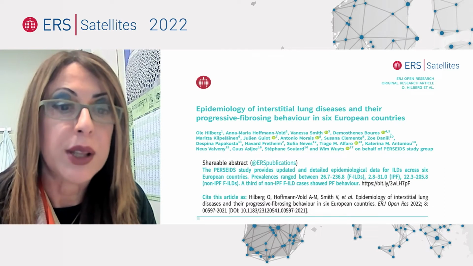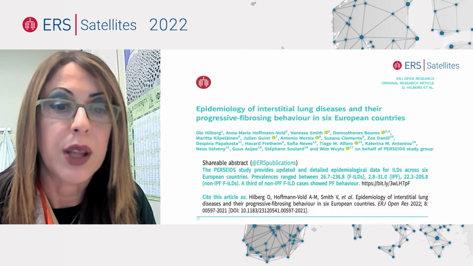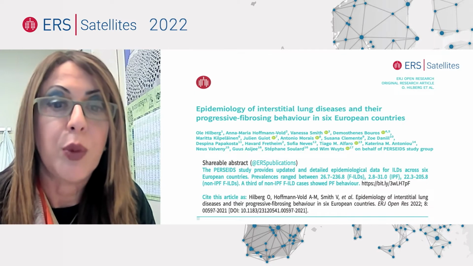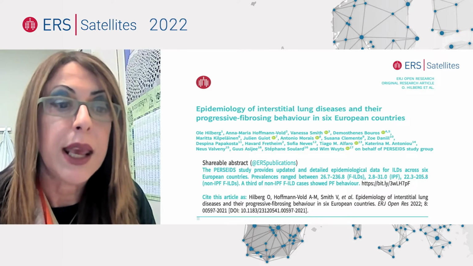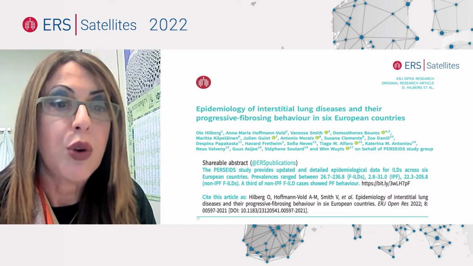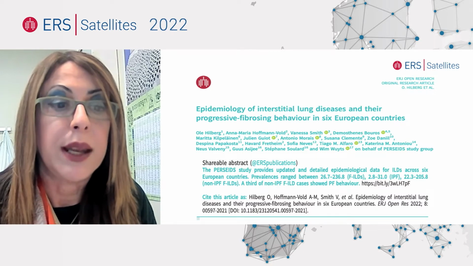And most importantly, one third of fibrotic diseases beyond IPF showed pulmonary fibrosis behavior with a UIP pattern, and most importantly, chronic HP was the most prevalent among them.